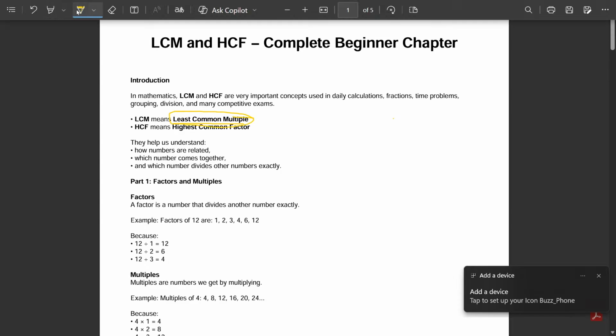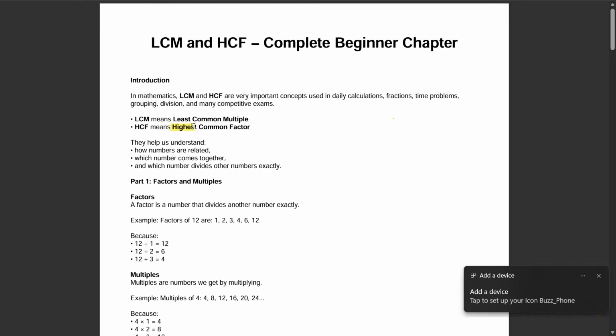And what is HCF? HCF means highest common factor. So, what is the use of LCM and HCF?